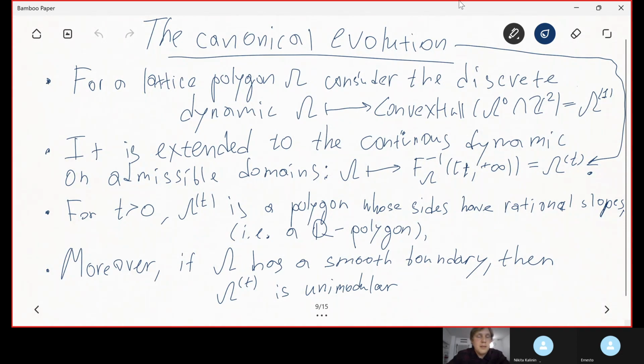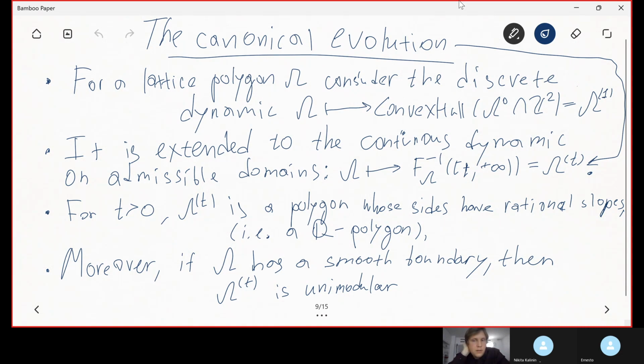I don't know if it's the best name, but this is how it's called in some places. It's an extension of something many of us played when we were kids. You consider some convex lattice polygon, and then you consider the smaller one, the derivative of it, if you like, which is the convex hull of the interior intersected with the lattice. So you go one step inside.